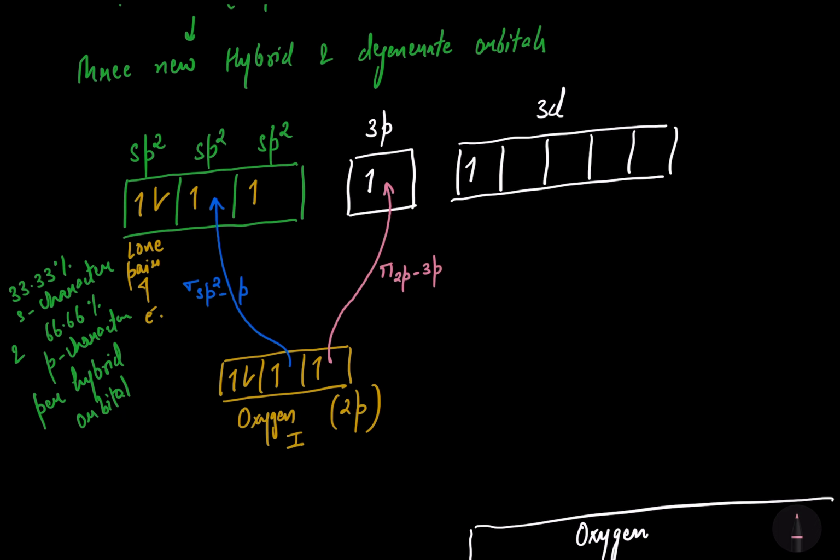So we got the p pi bond. This is also called p pi p pi bond that has been formed by lateral or sidewise overlap of the 2p orbital of oxygen and the 3p orbital of sulfur, forming the pi bond 2p 3p, because this has been formed by the side overlap of the p orbital of oxygen and the p orbital of the sulfur.